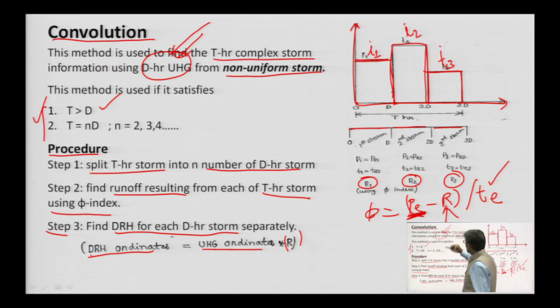We need to find the TR complex hydrograph from this DR UHG. So, the ordinates of the DRH are obtained by multiplying by the runoff.